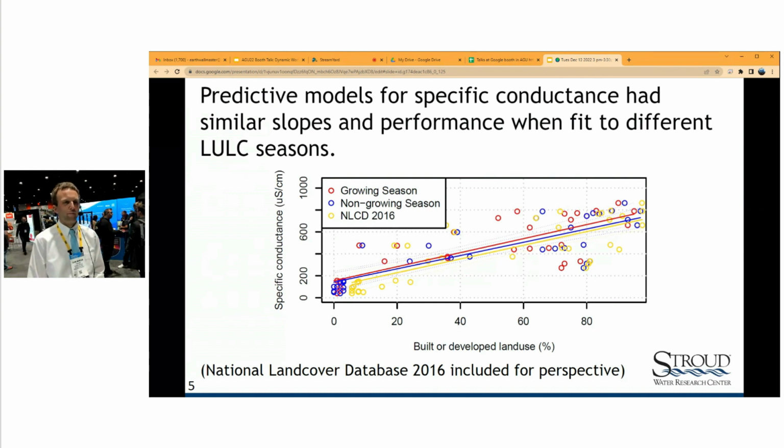So we found that, at least in this instance, you could use the different seasons of land cover data in these simple regression models.